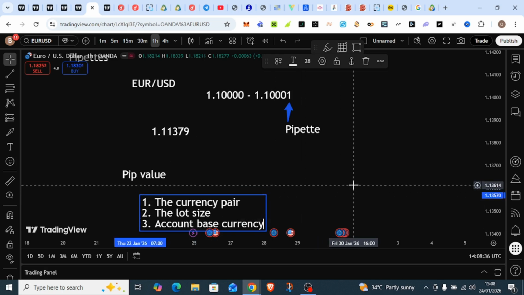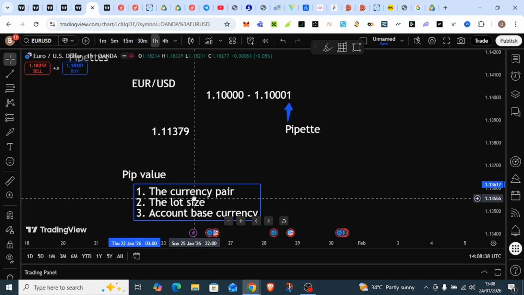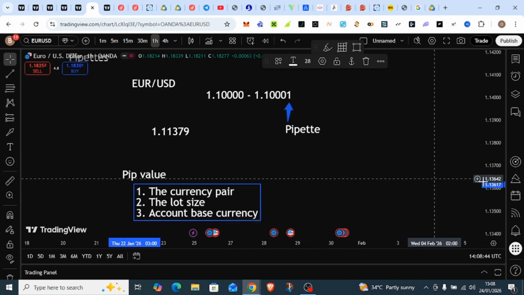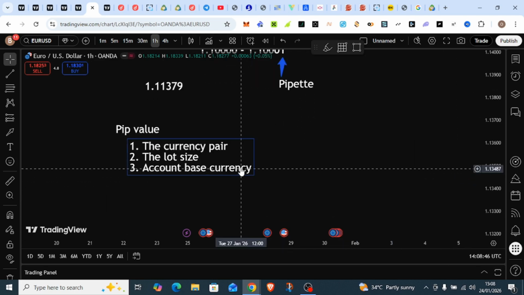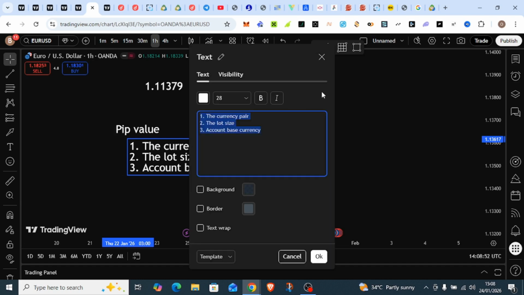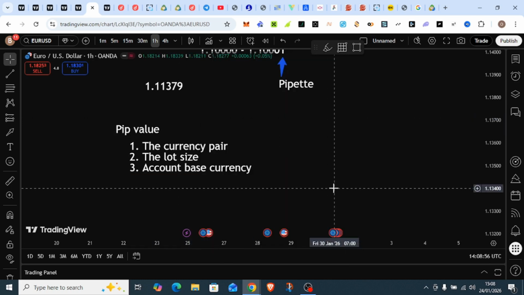These are the three main factors upon which this Pip value depends on. The currency can be USD or Euro.